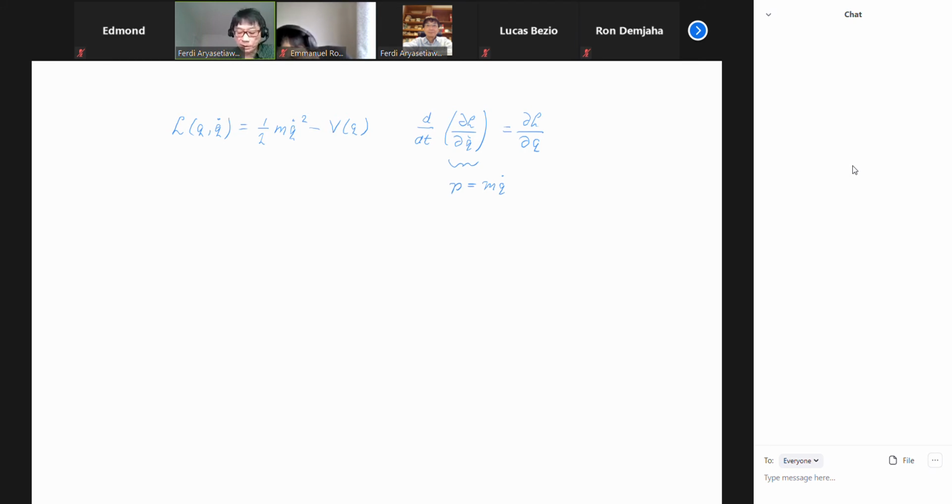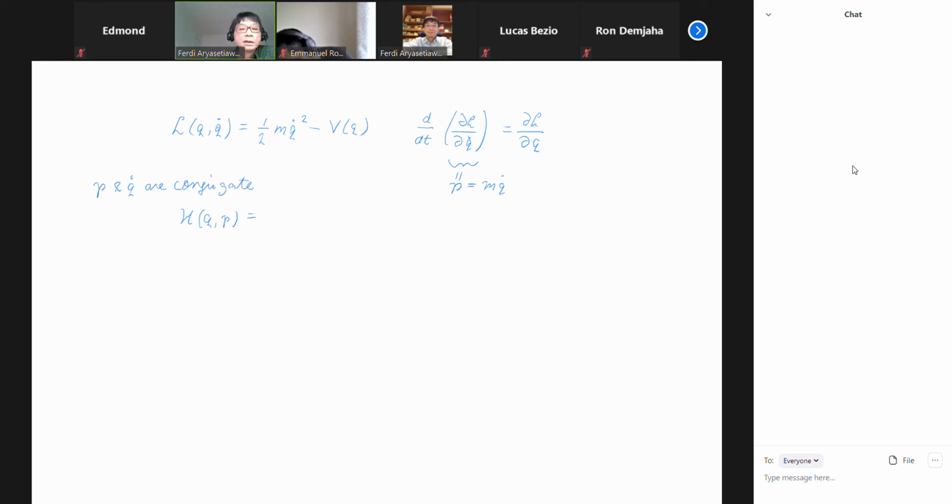But we can also work with a Hamiltonian, which is actually just a Legendre transform of the Lagrangian. The momentum P is the conjugate variable to q dot. So P and q dot are conjugate variables, with P equal to dL/dq dot.